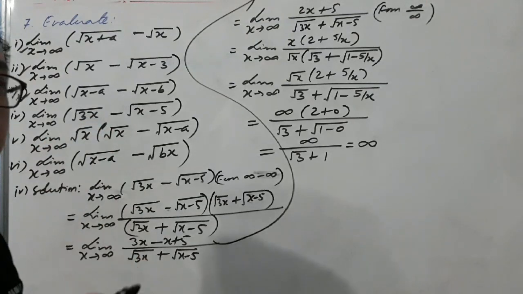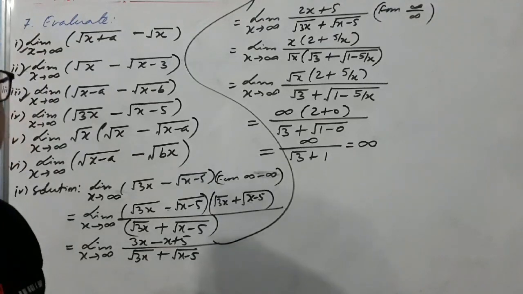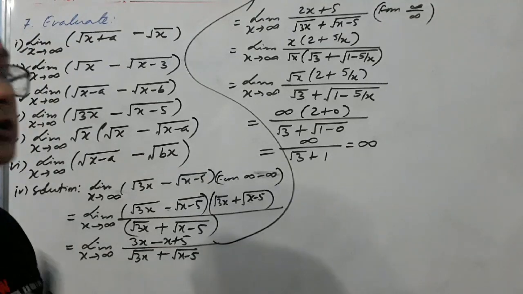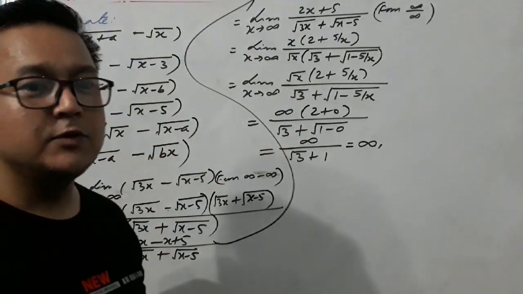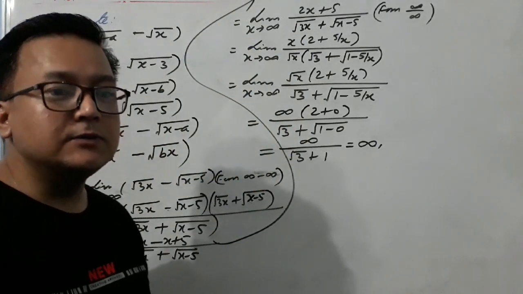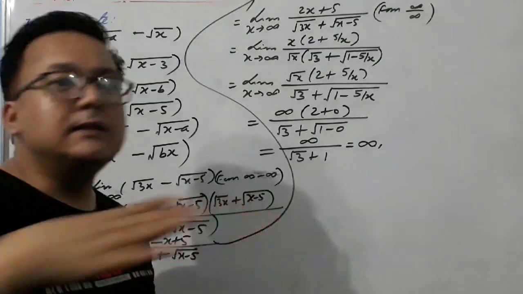Listen to me one more thing. Whenever you get infinity, you can say the limit of the function does not exist, because infinity is not a real number, so it cannot be a limit.